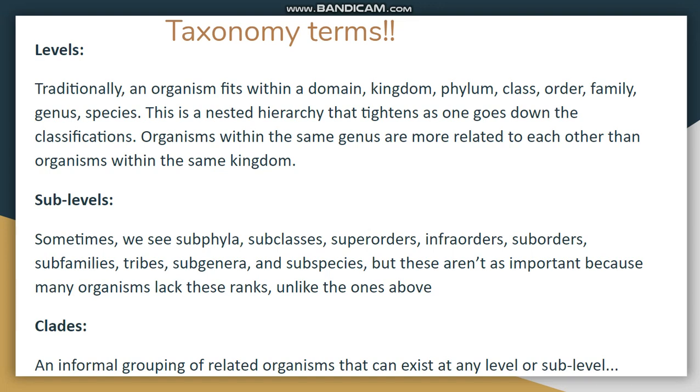And then we'll also see things called clades. A clade is less formal, and by less formal I mean it doesn't have to fit anywhere specific. You can have a clade within a phylum, you can have a clade within an order, within a genus even, usually not. Sometimes it's within a family, wherein you take a couple of different organisms or groups of organisms and say, they have this feature that's shared among them.